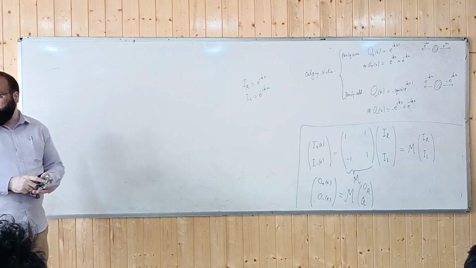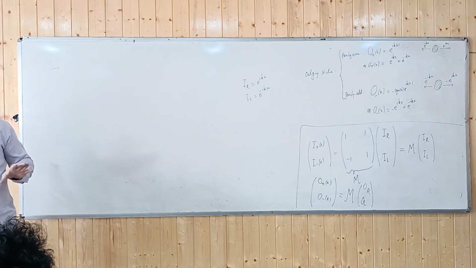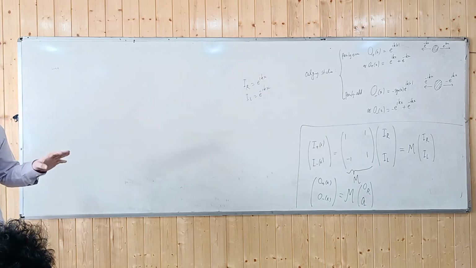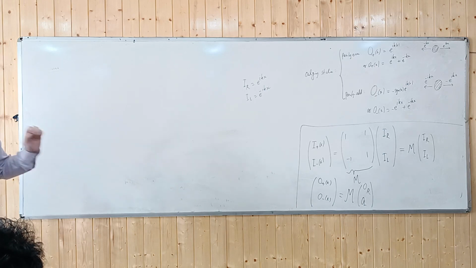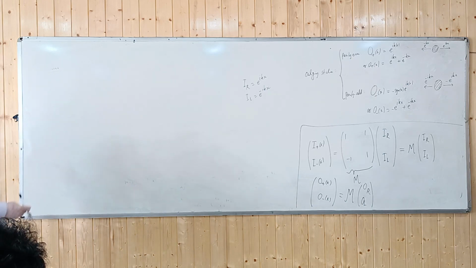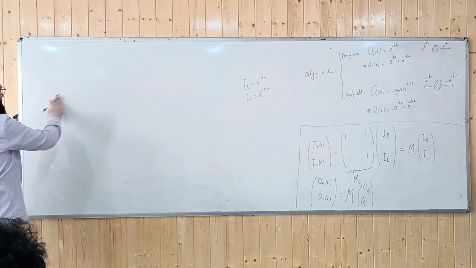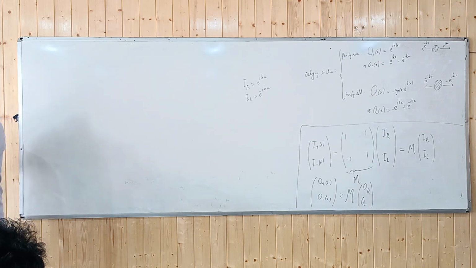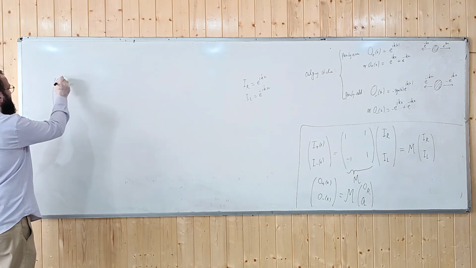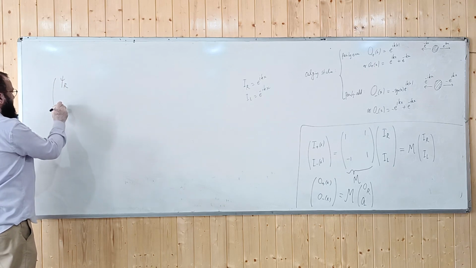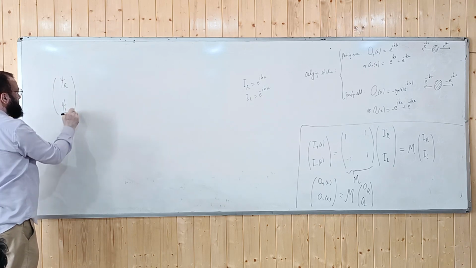Okay, so now let's calculate what our scattering matrix is. We have not yet calculated the scattering matrix in the parity basis. So let's try to figure out what our scattering matrix looks like in this parity basis. How do I define this scattering matrix? Anybody? So we had a definition. You have a right moving wave, and then you have a left moving wave.